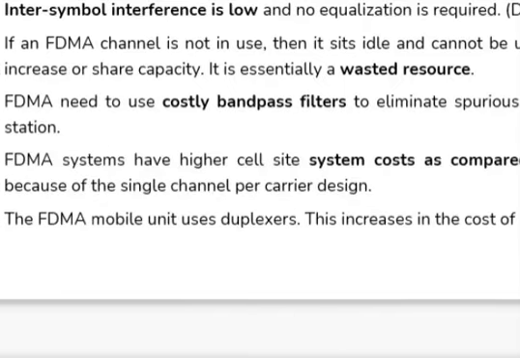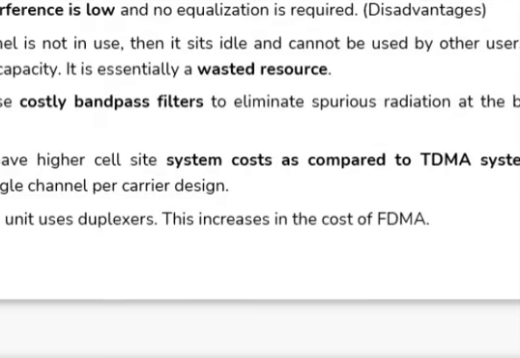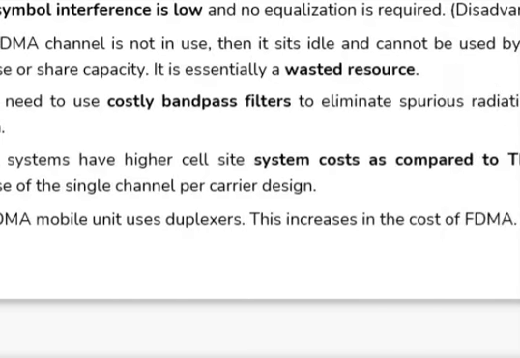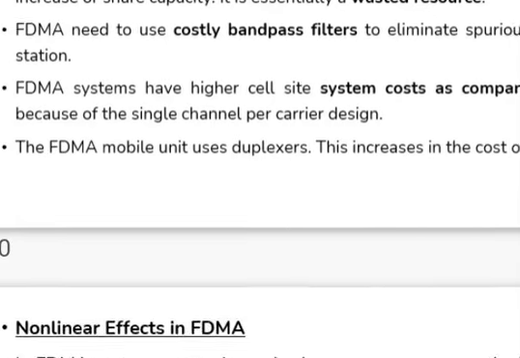And also the cell site cost is very high when compared to the TDMA system. The mobile unit uses duplexers. It is responsible for transmitting and receiving data simultaneously. This increases the cost of FDMA.